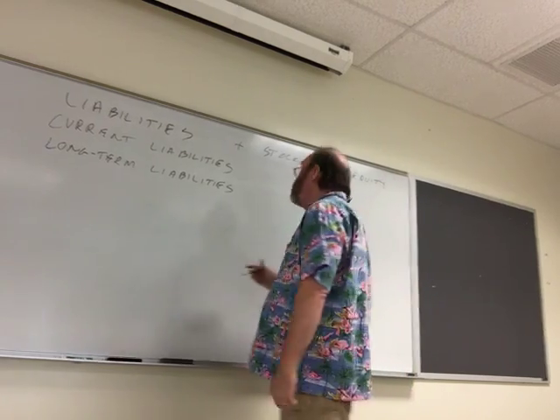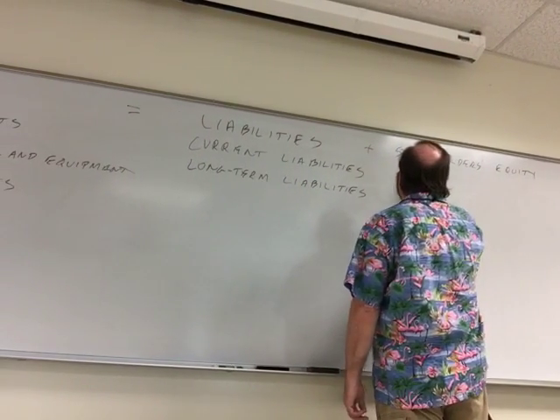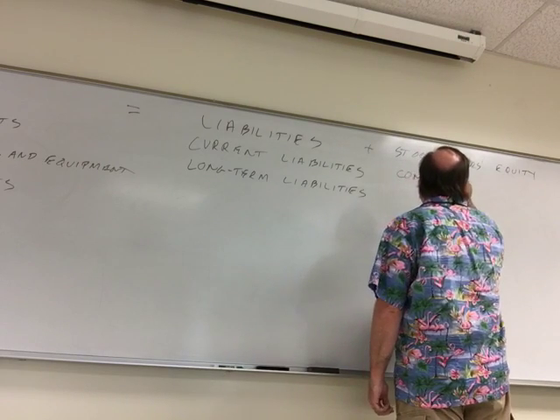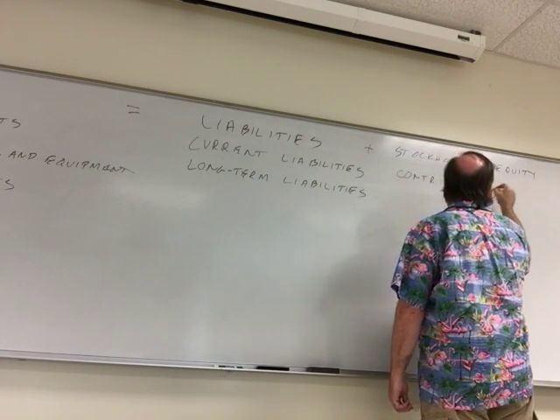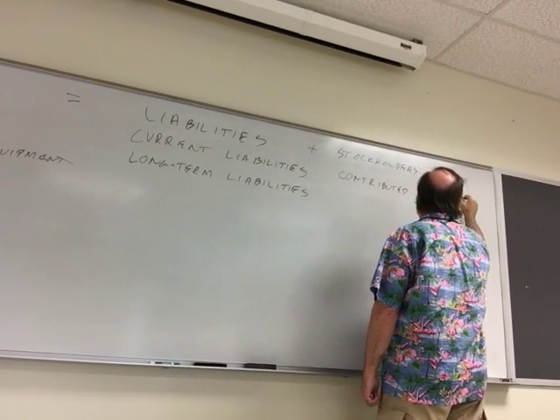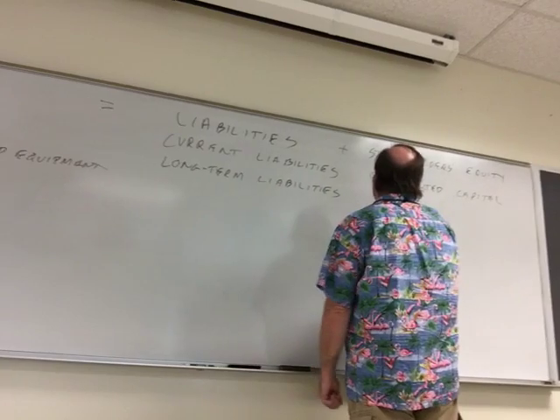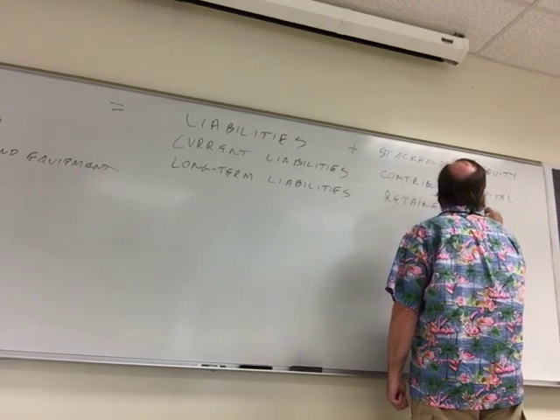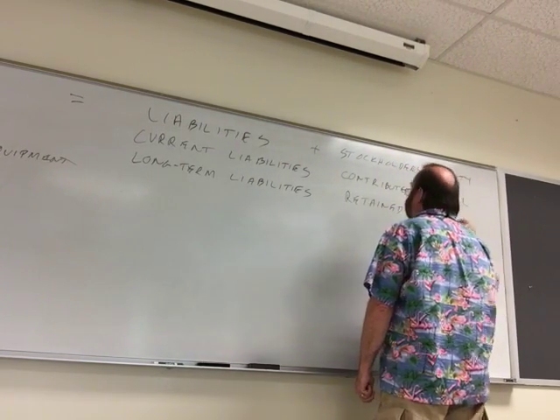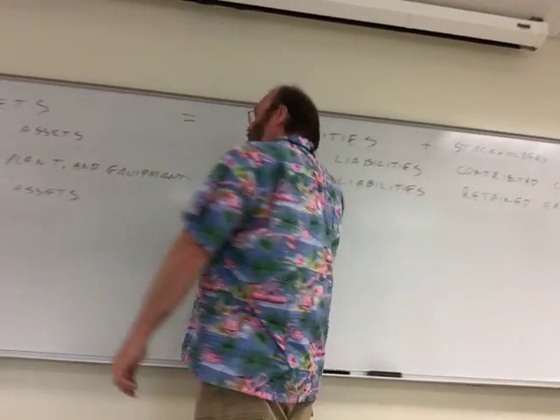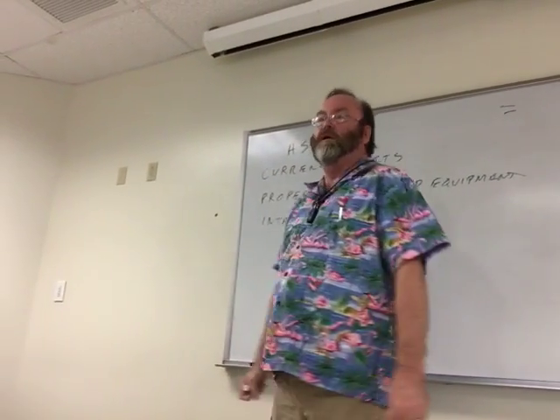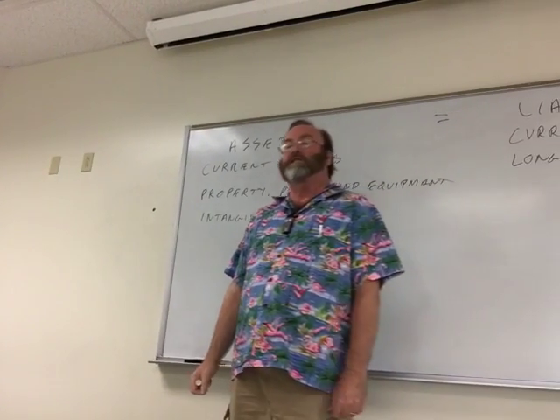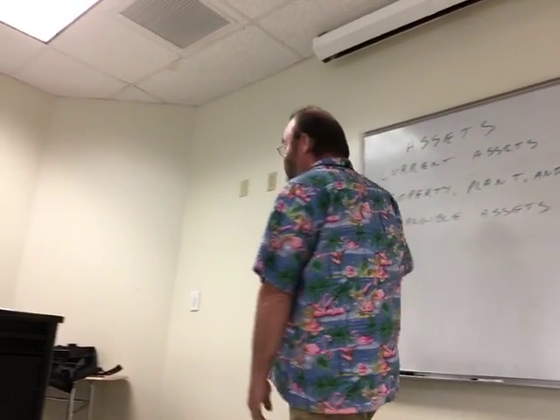And then under stockholders' equity, there is contributed capital and retained earnings. So two sections each on the liabilities and stockholders' equity side, and, well, three possible sections is what we'll talk about in here on the asset side. Okay?